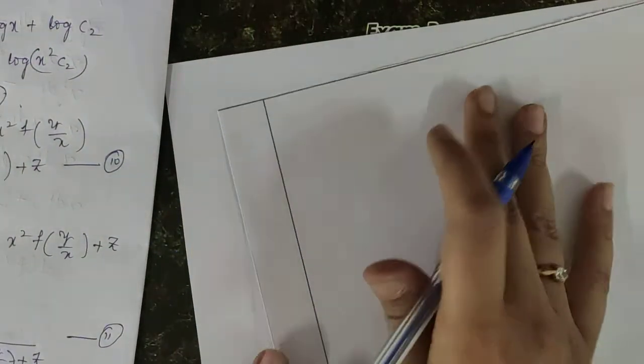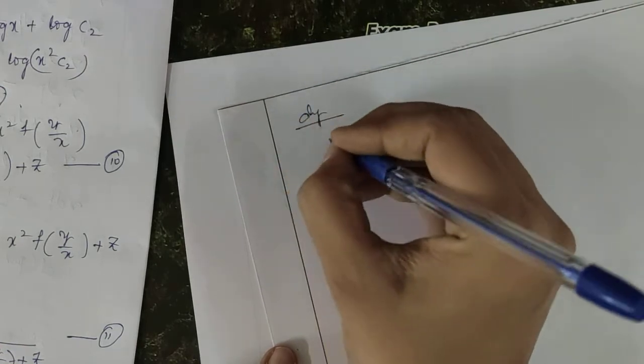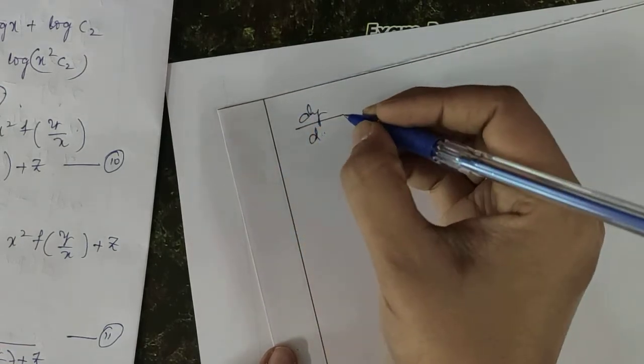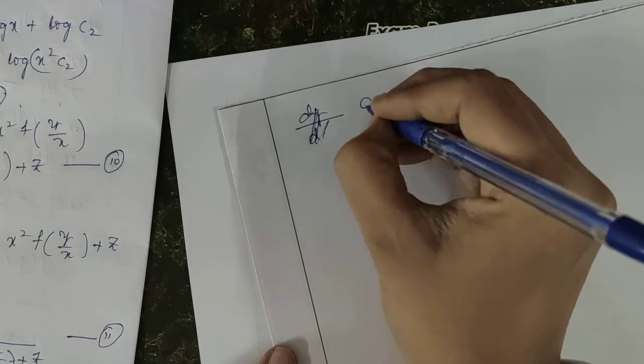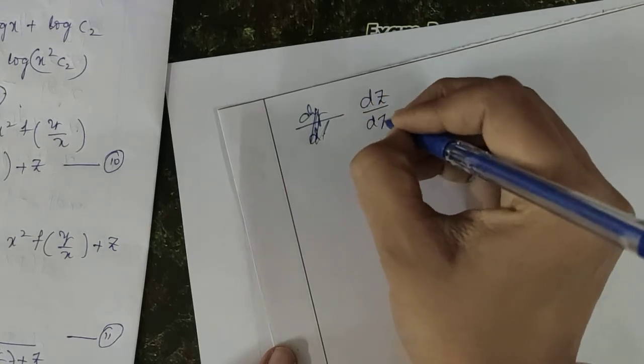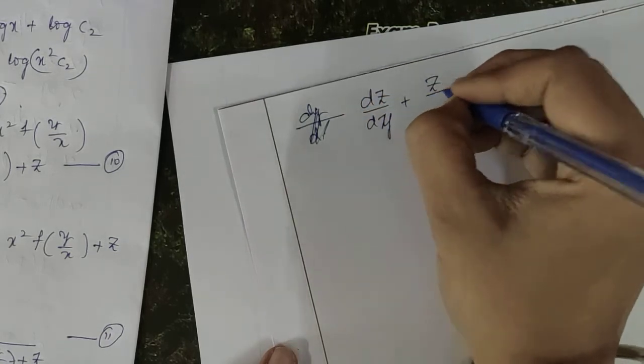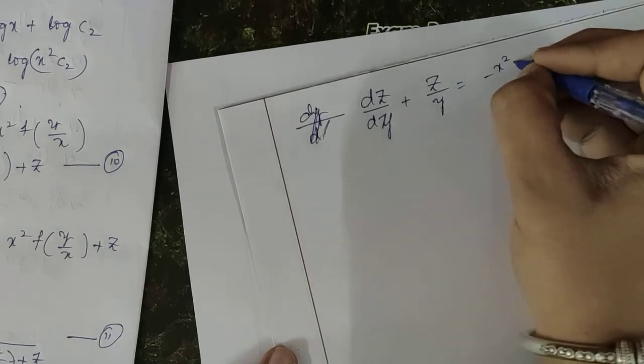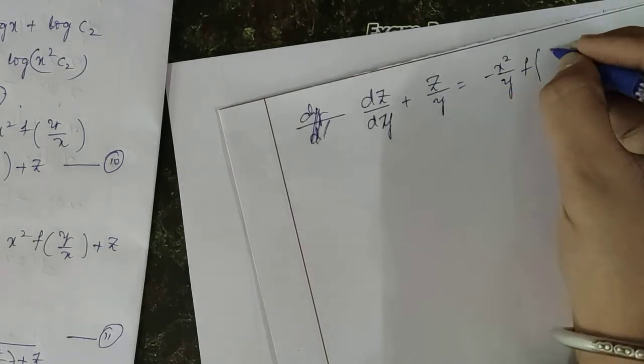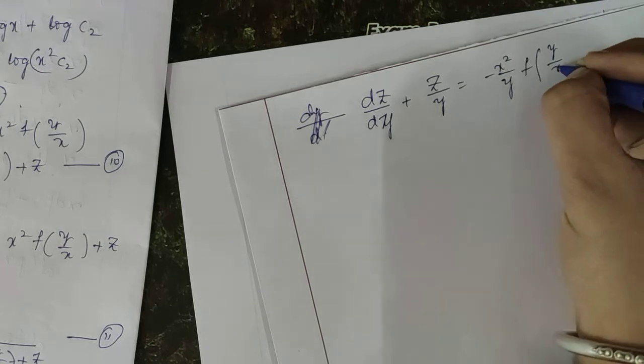On simplification, you will get dz by dy plus z by y is equal to minus x square by y into f of y by x.